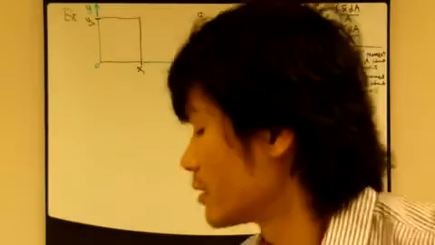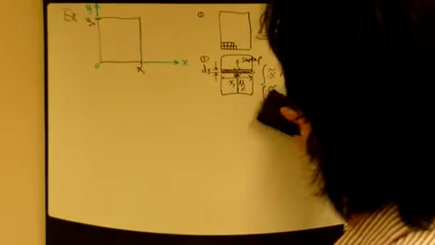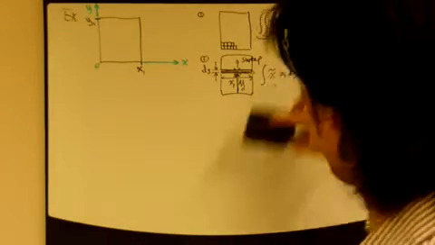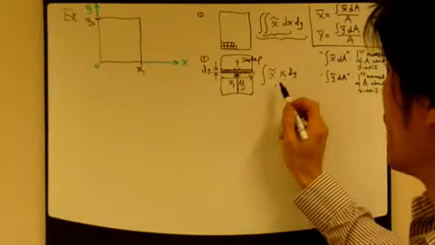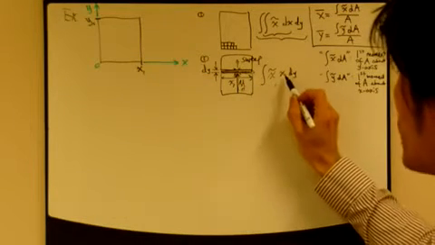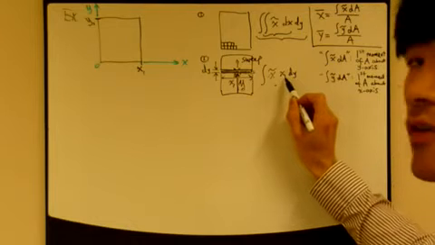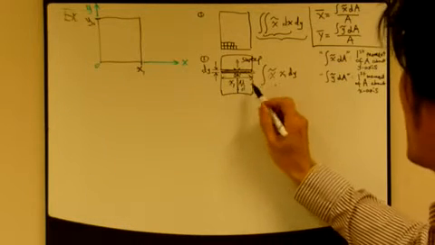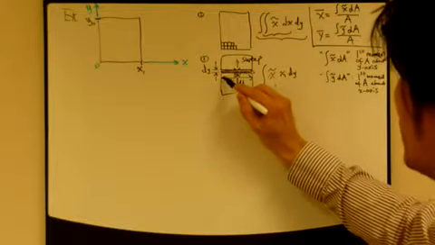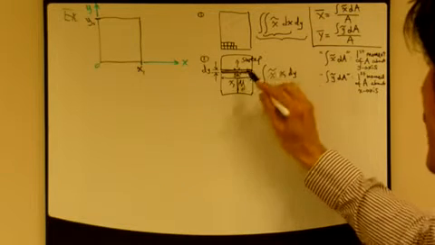Okay? And then you can just keep simplifying further. Right? So this x1 right here is a constant. You can just take it out, okay?